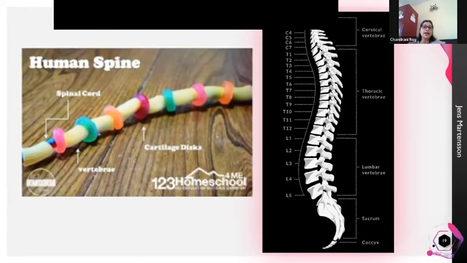So this helps them to understand how the spinal cord is inside the vertebral column, and how the vertebral column is made up of different pieces. And these pieces allow the movement of the vertebral column, which helps us to bend backwards, forwards, sideways, and so on. And also, though they don't have it now, we can tell them that this is what also enables nerves to exit from the spinal cord, which is inside.